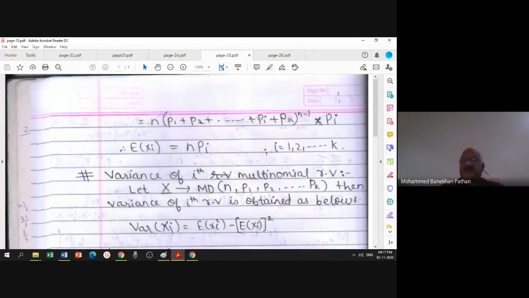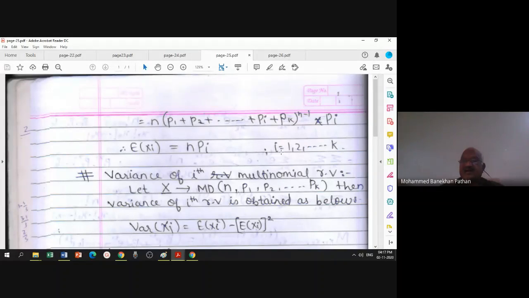This bracket is 1, because in the definition I told you the sum of all probabilities is equal to 1, and 1 to any power is 1, and that's why this bracket is not written here.